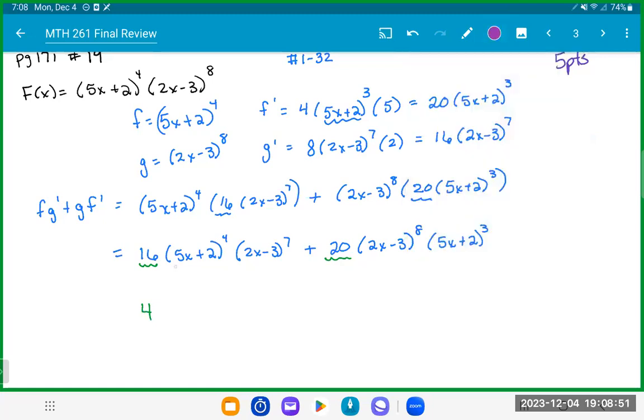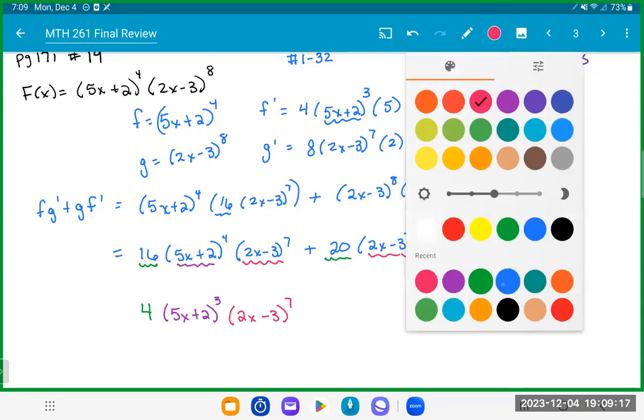Then when we look at the 5x plus 2, the biggest exponent is a 3, so we can take 5x plus 2 to the 3rd and factor that out of both terms. And then finally, the 2x minus 3, one has to the 8th power, one has to the 7th. So we could take 2x minus 3 to the 7th power.